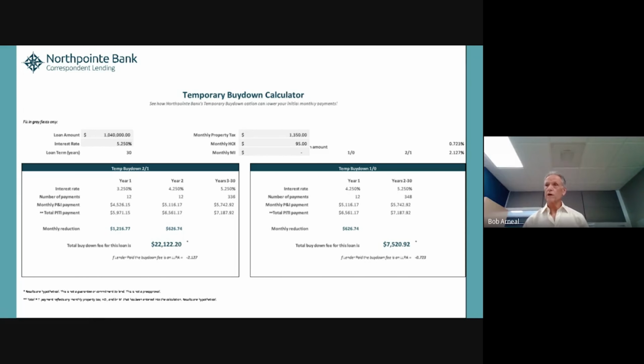It's the difference between 5.25, if you wanted to actually break down the math, the 5.25 versus the 3.25 for a year, 4.25 for a year. If you do the math, and it's not exact because there's also the timing of the sale of the loan. I don't want to get into what happens when a loan funds because that's just boring for you and me. But my point is it's front-loaded interest.